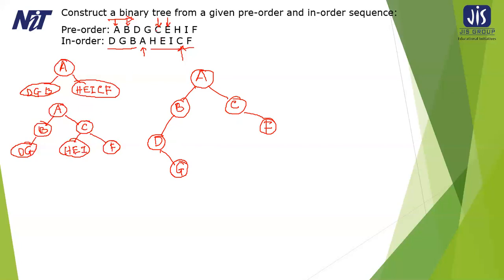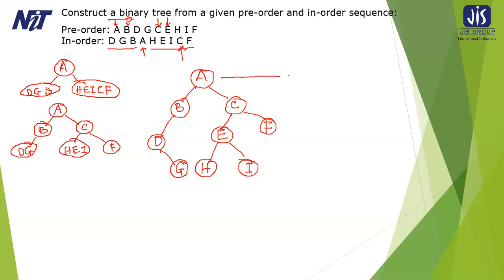Among these three nodes H, E and I, E came first in the pre-order sequence. So E should be the root of this subtree H, E and I. If E is the root, then I is situated on the right side. So I should be the right child of E, and H should be the left child of E. So this is my final binary tree.